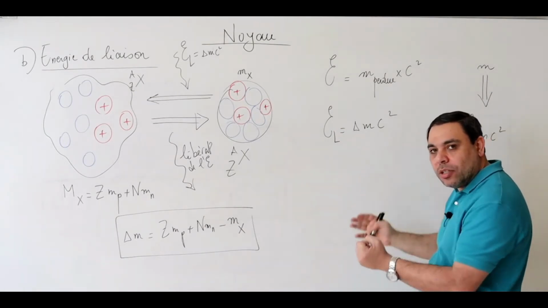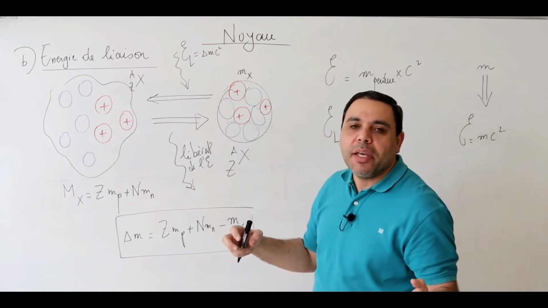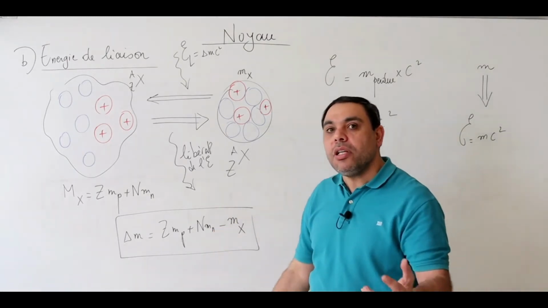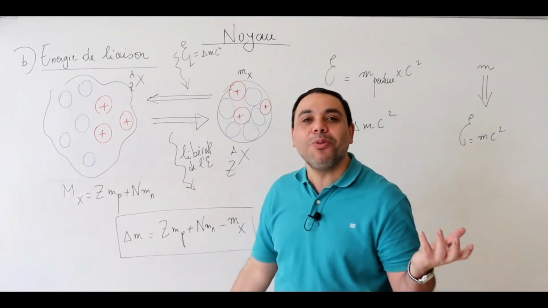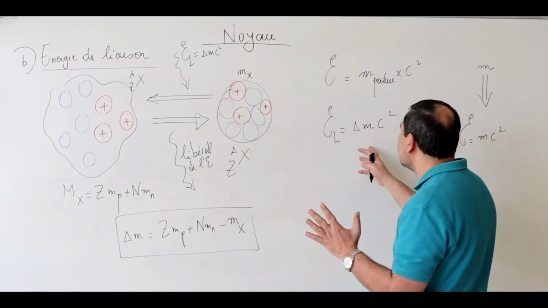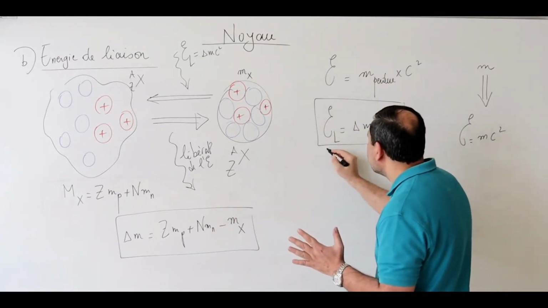Thus, the binding energy is the minimum energy required to separate the nucleus into its nucleons, or it is the energy released during the formation of the nucleus. This is the expression of the binding energy of a nucleus.